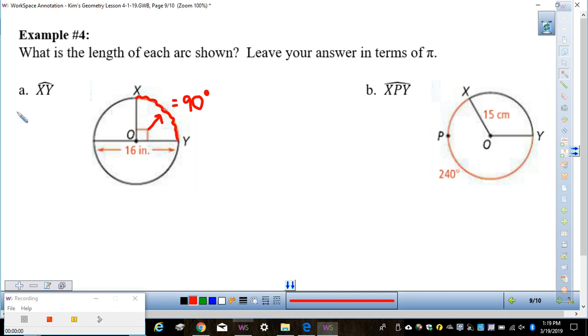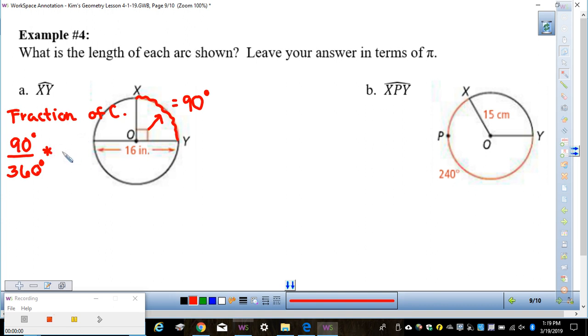So when I think that this arc length is a fraction of, remember of tells us to multiply, circumference, my fraction comes from taking this arc measure, 90, over 360, and multiplying that by the circumference.